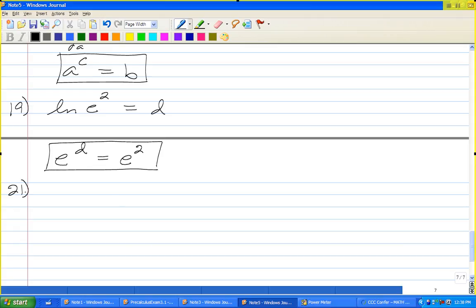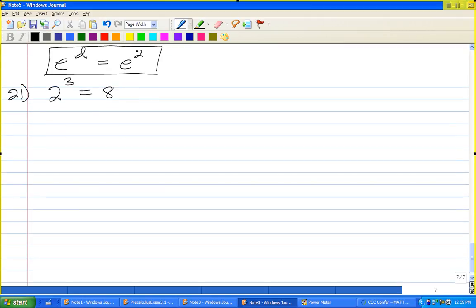21. In exercises 21 through 35, rewrite the exponential statement as a logarithmic statement. So 2 cubed is 8.